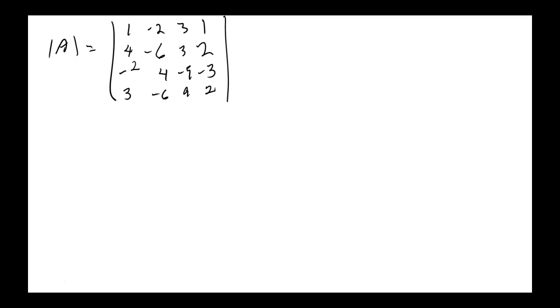Where would you start? How would you start to determine that determinant? The bad news is there's not a zero in it. So if there was a zero anywhere in there, or more than one zero preferably, find the row or the column with the most zeros. There are none.